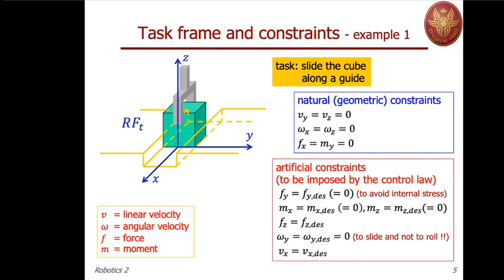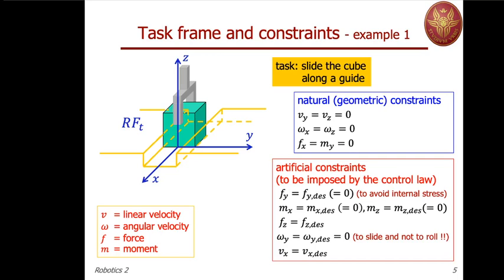For instance, let's look at the mz desired. What this would mean is that by commanding the robot properly, we could try to apply a momentum, trying to rotate the cube with the gripper around the z-axis, applying a momentum to the environment which would then react, no matter which momentum we are trying to apply.